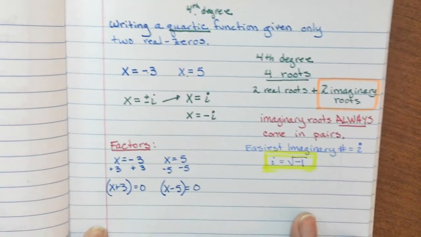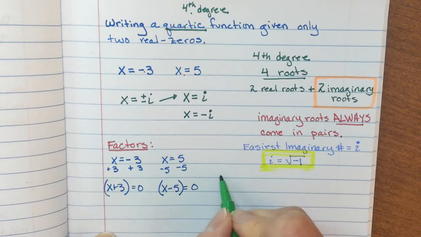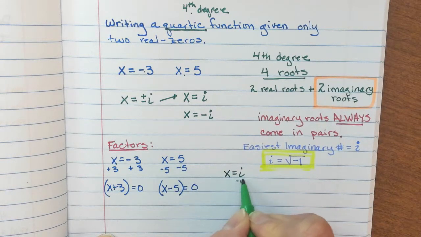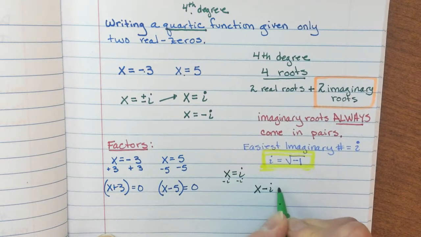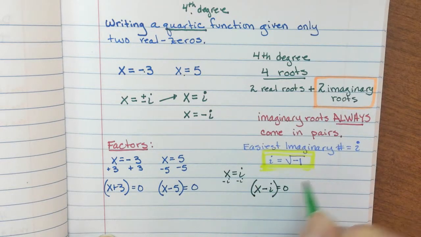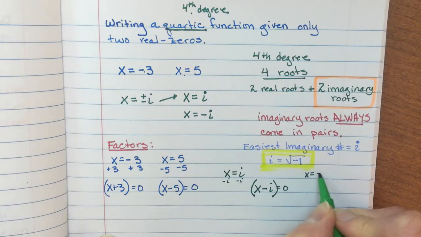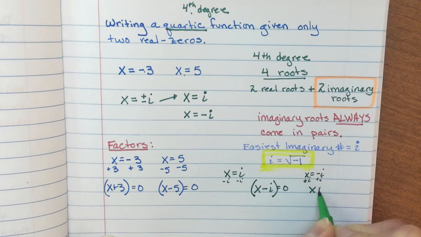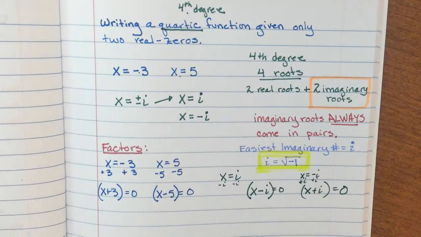That's my other factor. Then I have x equals i. If I subtract i from both sides, I get x minus i equals 0. So that's my imaginary factor. And if I have x equals negative i, I add i to both sides, so I get x plus i as my other factor.